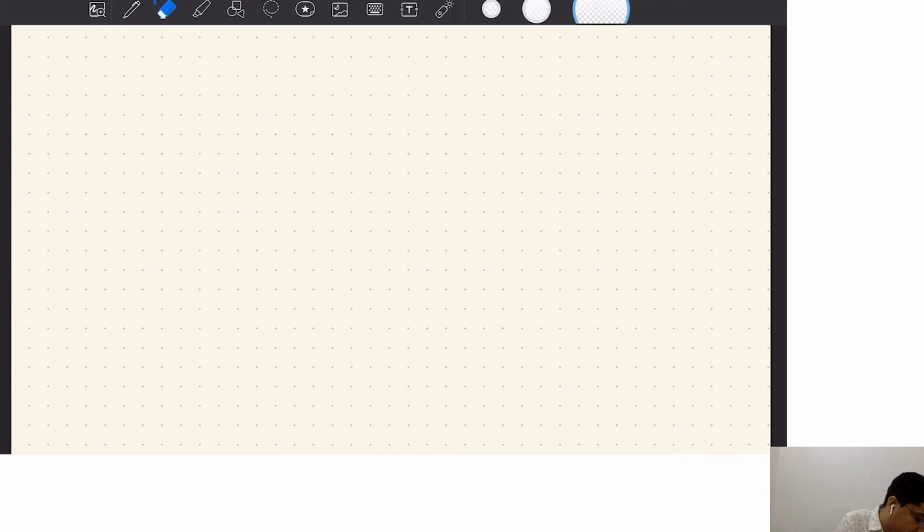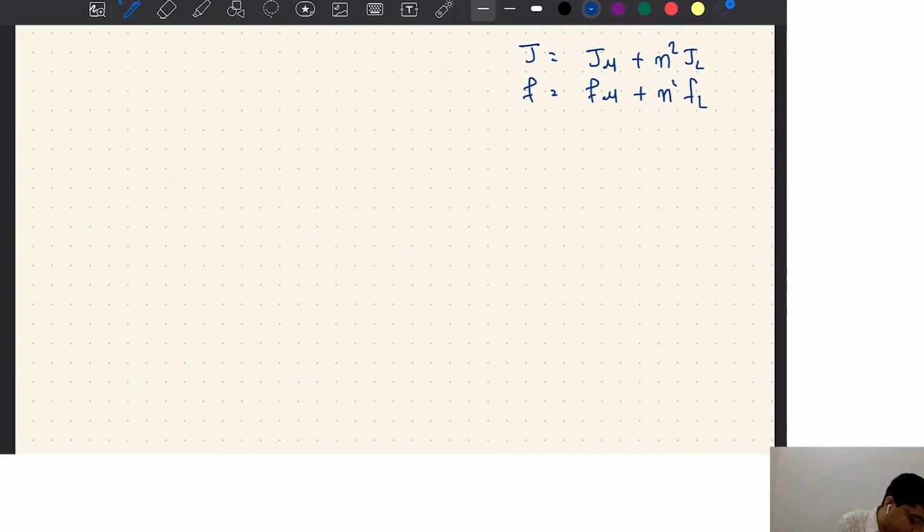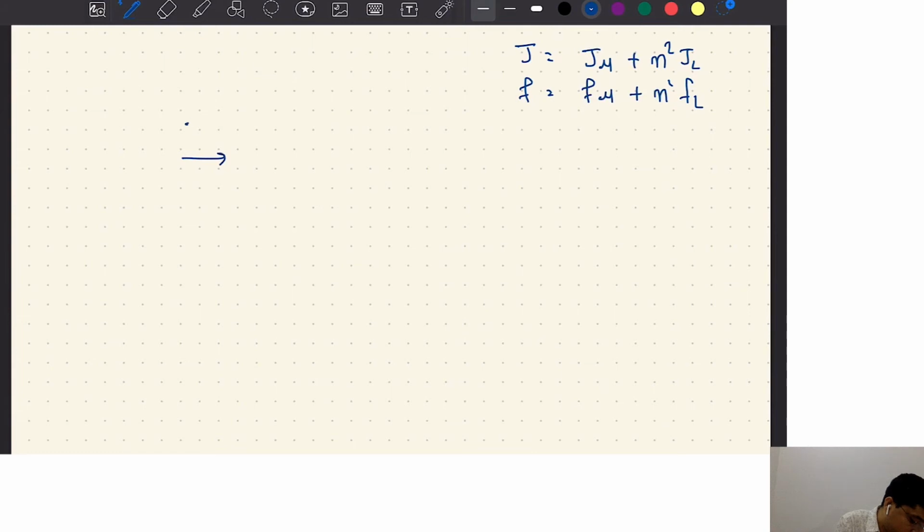So I have now J, which is the overall J that my motor experiences. F is Fm plus n square FL. Okay, so I have input to the motor. This input produces, as always, a back EMF.